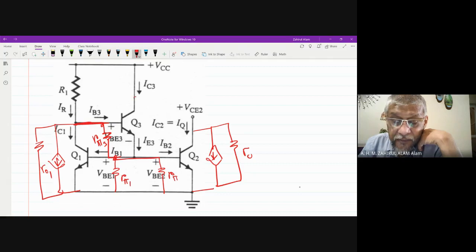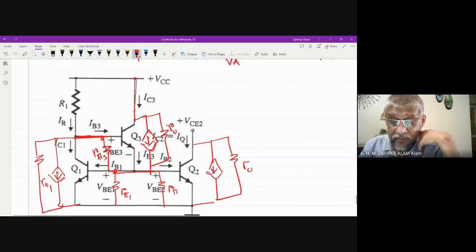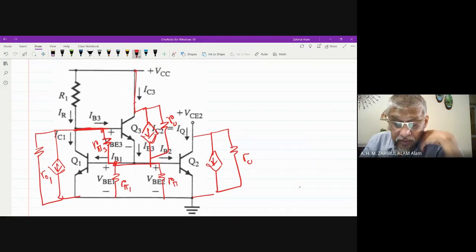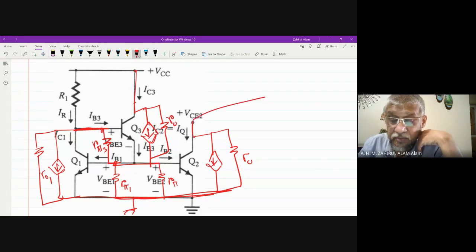And here we have current source and output resistance. So now this is connected, this is connected, this is connected, and this is ground, and this is the output terminal. And resistance, and this is connected to ground.